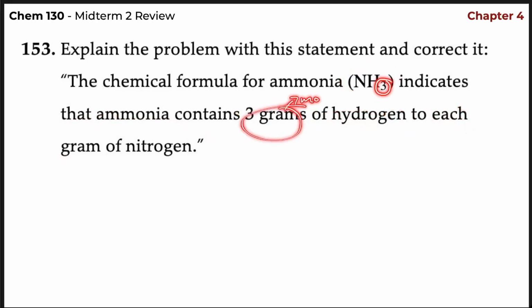This is mass, and this is number of atoms. So it's saying there's 3 atoms of hydrogen to each atom of nitrogen. If we really want to change this, we just remove this and say atoms, remove this and say atoms. And yep, that's your explanation.